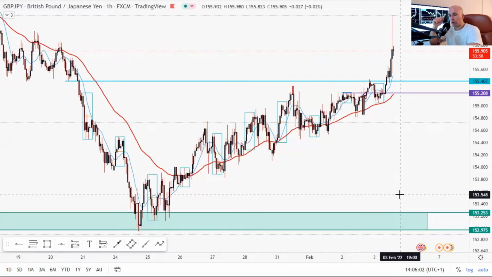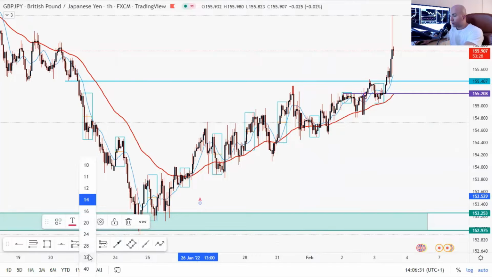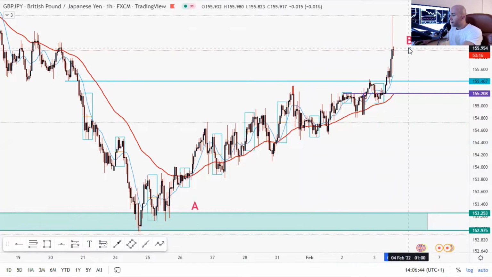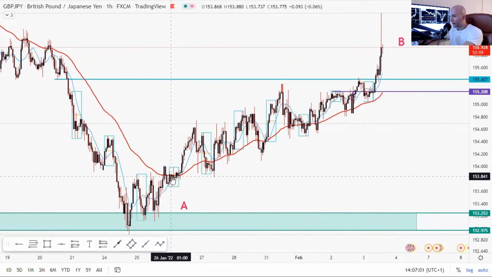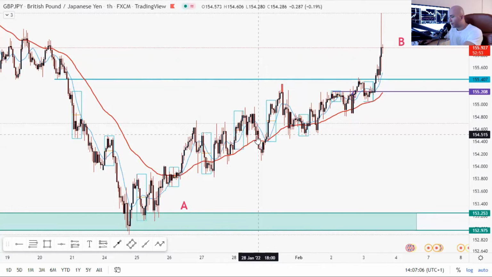Now, the first thing I want to talk about with you guys is the weekly positioning, right? Not in the sense that I usually position myself in the weekly chart, or that I trade the weekly chart, but in the sense that I like to take some good A to B movements, and this is 2 weeks actually of movement right here.